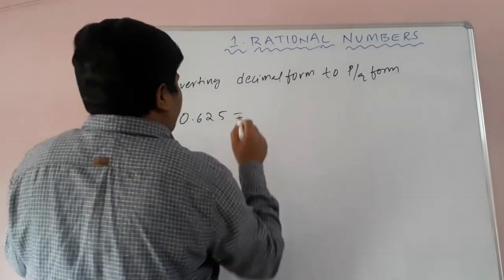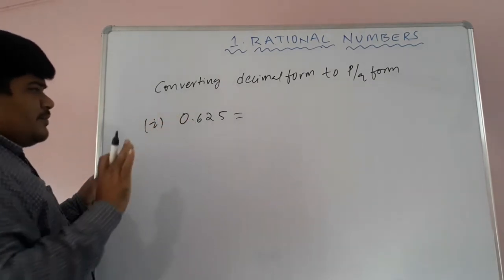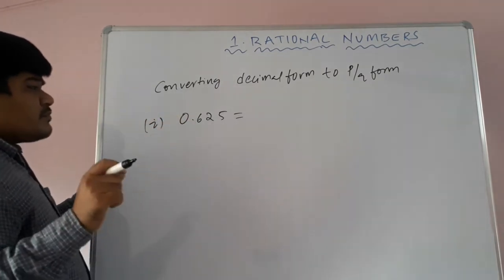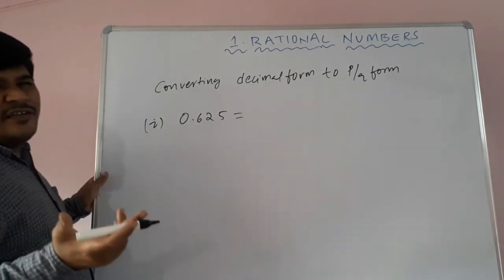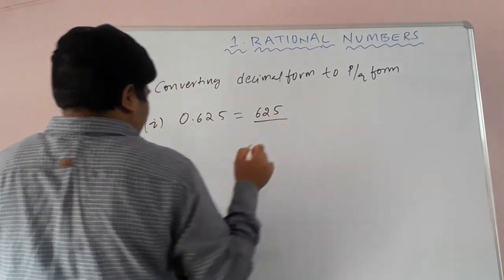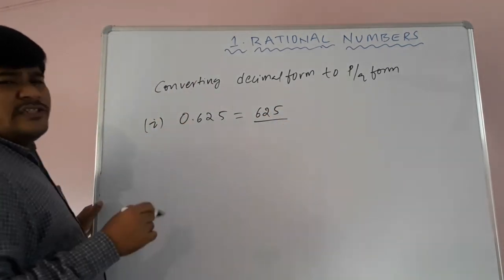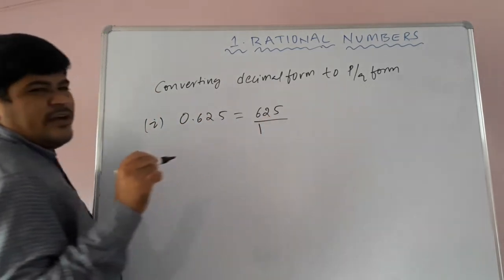Remember, it is a very easy technique. Remove the decimal point and write the number as it is. So 0.625 becomes 625, removing the point. Now, instead of the decimal point, we need to write 1.